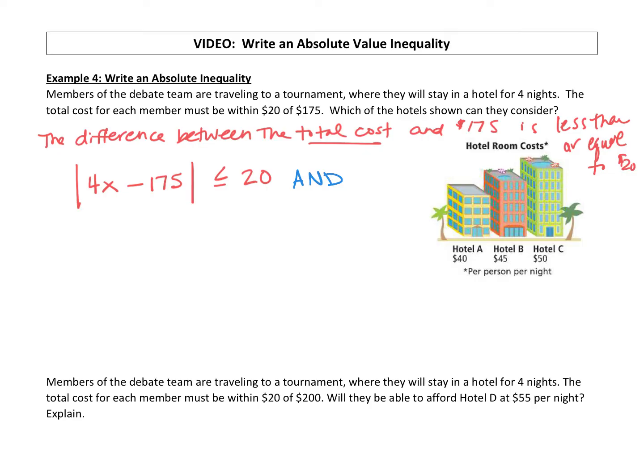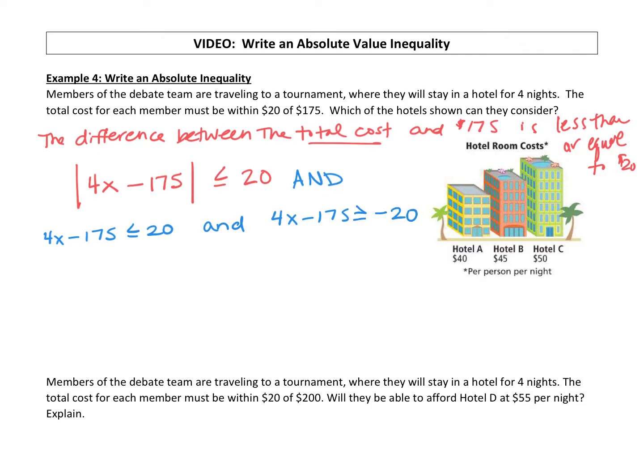So all that we're going to do is take the absolute value bars off. 4x minus 175 is less than or equal to 20. That part stays the same. And we take our 4x minus 175, and here's where we make 2 changes. We're going to flip our inequality and change the sign of our 20. So we're going to say is greater than or equal to negative 20.